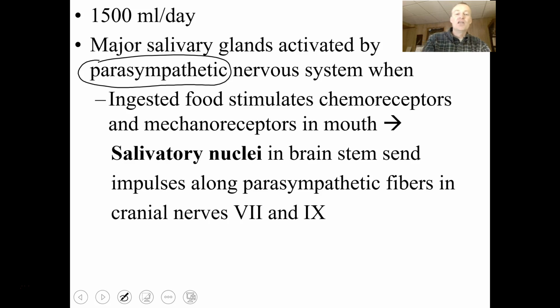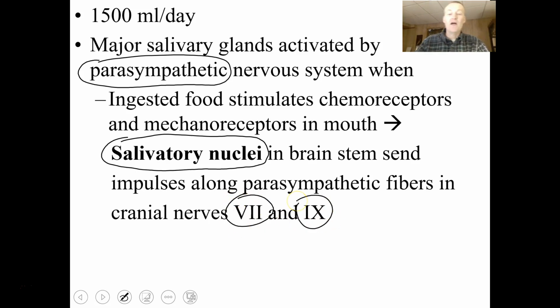And smell too will activate salivation as well. So these receptors will activate nuclei in the brain. The salivatory nuclei in the brainstem will send impulses along cranial nerve number 7 and number 9, and these are going to activate parasympathetic activity, which is secretion of saliva.